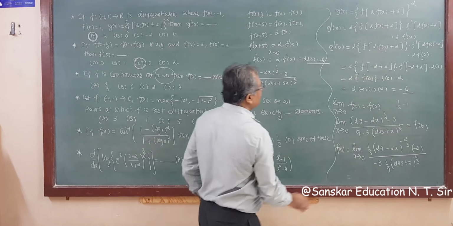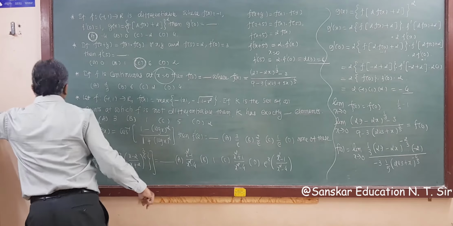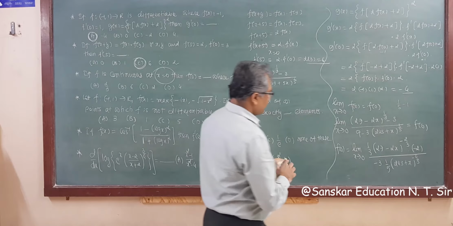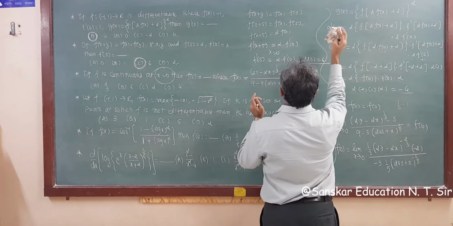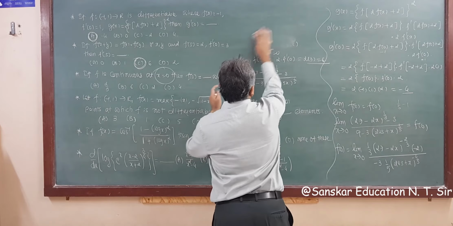We need some space for calculation. So this is 1 upon 3.